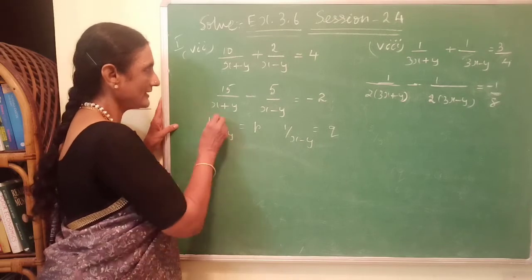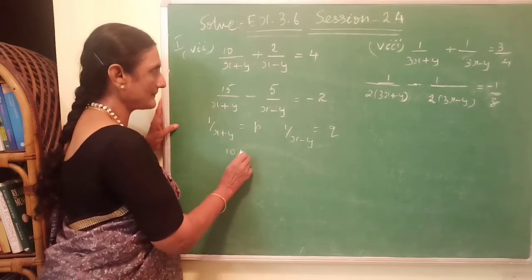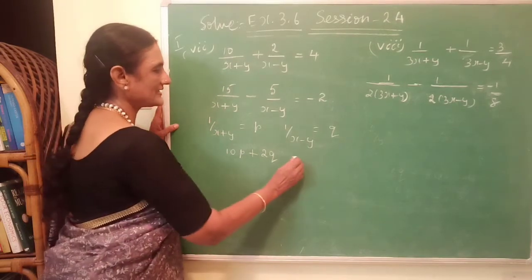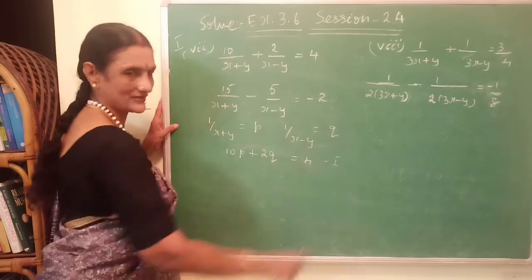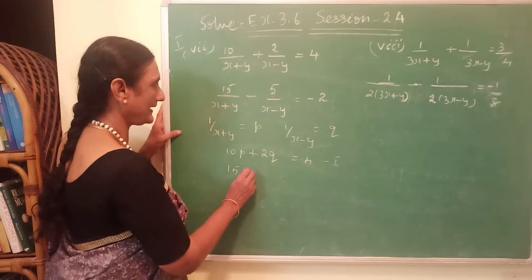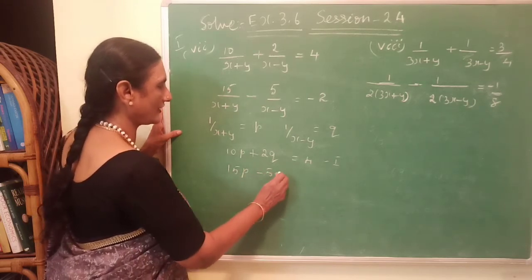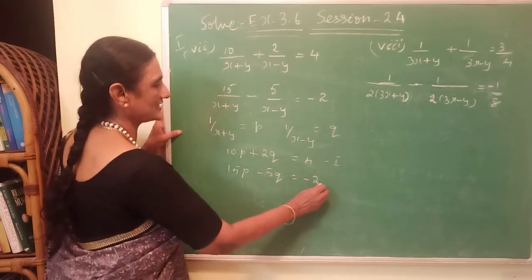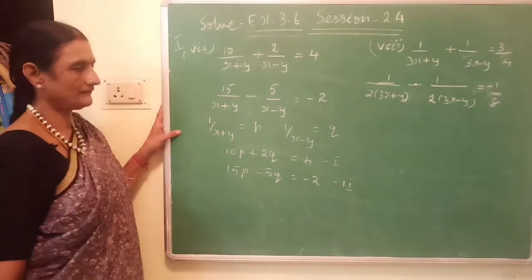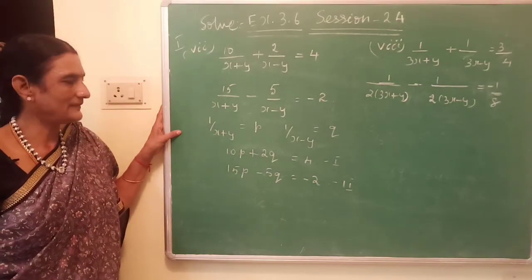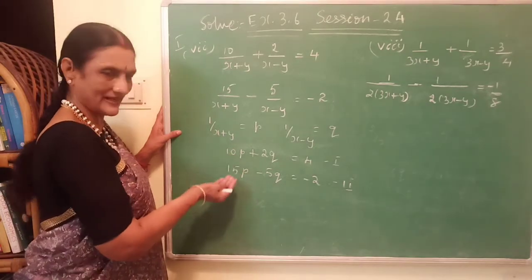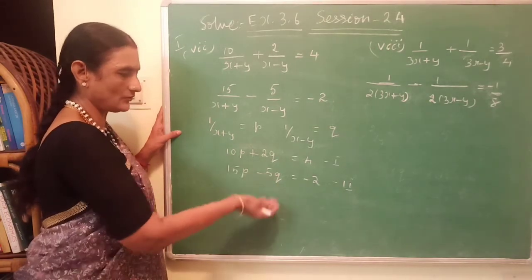Therefore, you will get 10p plus 2q is equal to 4 as your first equation. What about the second? 15p minus 5q is equal to minus 2 is the second equation. Now, which is easier? The elimination method is easier. I can remove either the p terms or the q terms completely.